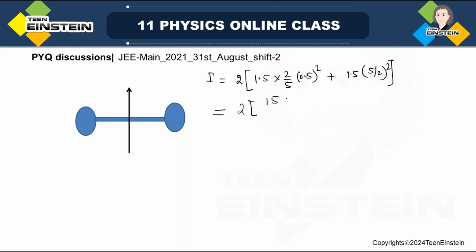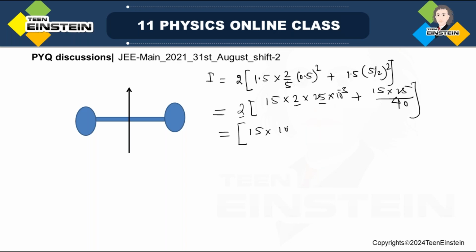This is, let us say, 15 into 2, and this is 25 into 10 to the minus 2. I'll multiply 10 to the minus 1 here. So 10 to the minus 3 plus this one will be 50 into 25 divided by 40. This 1.5 I have kept there. Then this 2 I will multiply inside, so 4 into 25 will be 100.